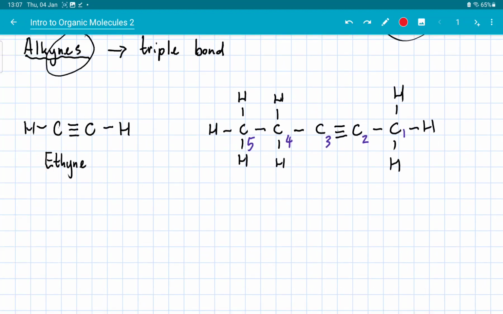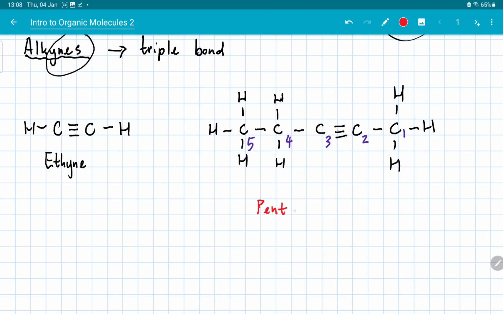Remember, we only mention the position of the double or triple bond when the molecule has more than 3 carbons. Now this one has 5 carbons, so it's going to be pent.